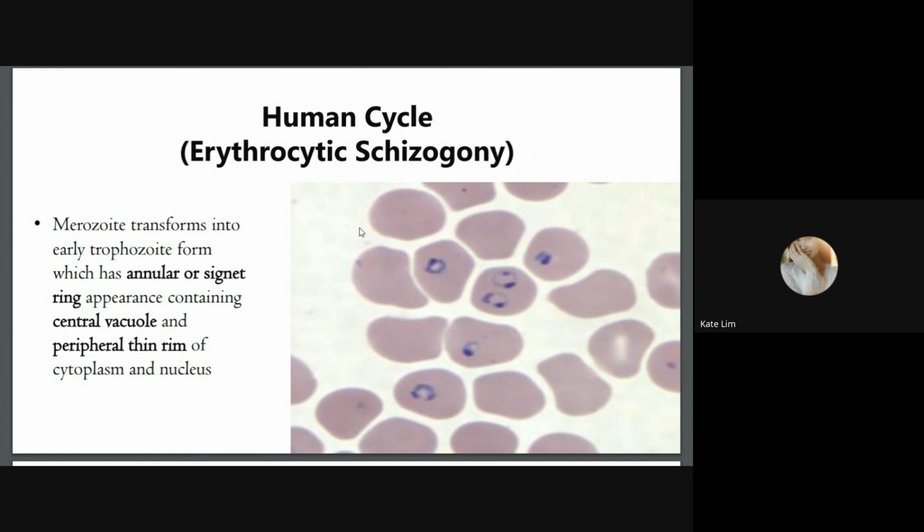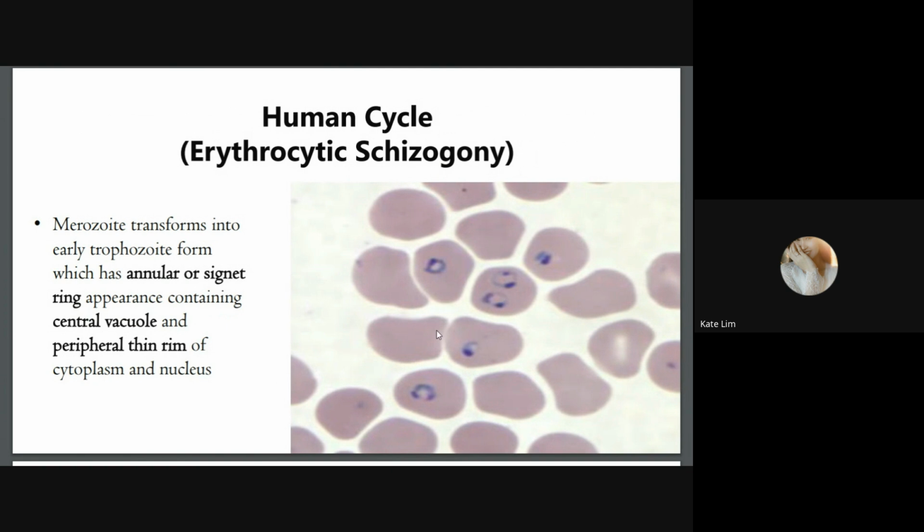So once inside the RBC, the merozoites transform to become early trophozoites. What is presented on your screen is an example of an early trophozoite, or what we call the ring stage. This is the first stage of the parasite's asexual reproduction inside the RBC.